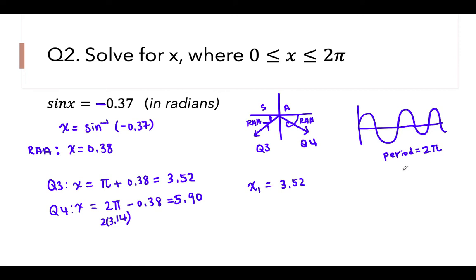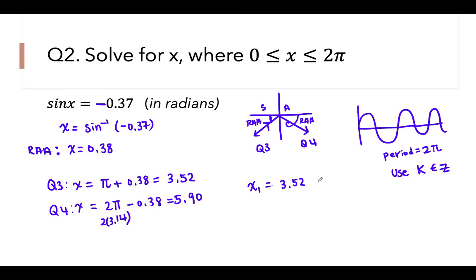So we are going to use the letter K, which means any integer, and Z means that it's repeating.